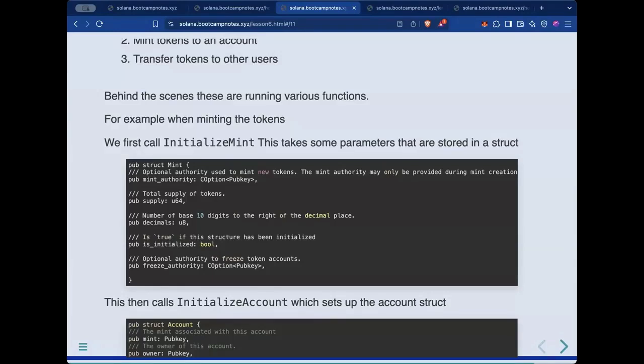So if we said that the number of decimal places that our token has is 6, then when we get a value back for a balance, an integer value, we will say that the six rightmost numbers within that balance are actually the decimal places. So even though behind the scenes it's stored as just a large integer, the way we interpret that depends upon the number of decimal places that this particular token has.